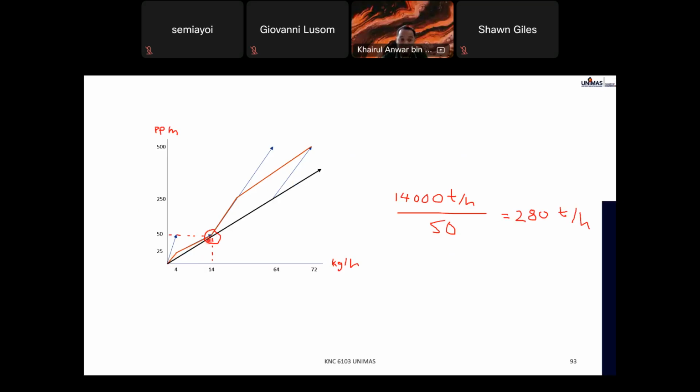So once you draw the limiting composite curve, then from the 0, draw a water supply line. Make sure to check the composite curve. This point is the pinch at 14 kg per hour.